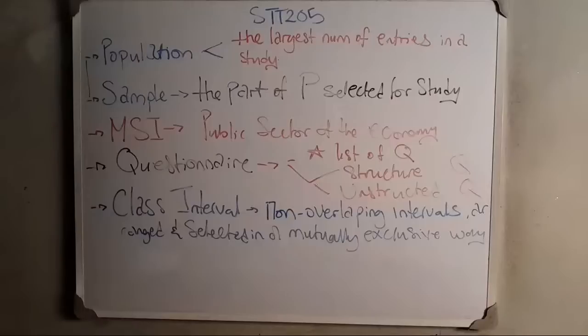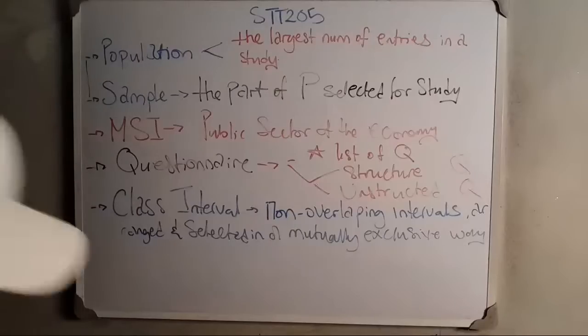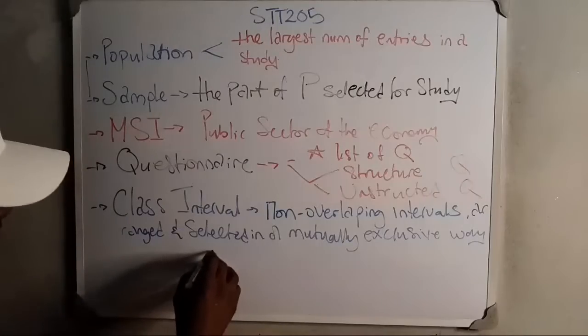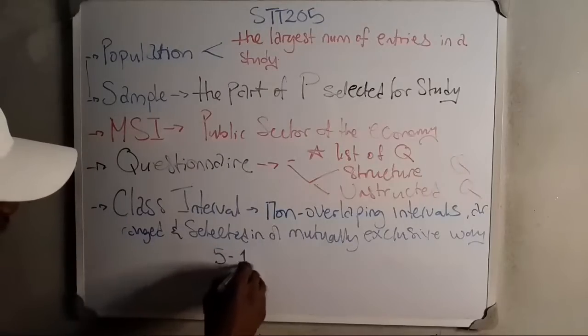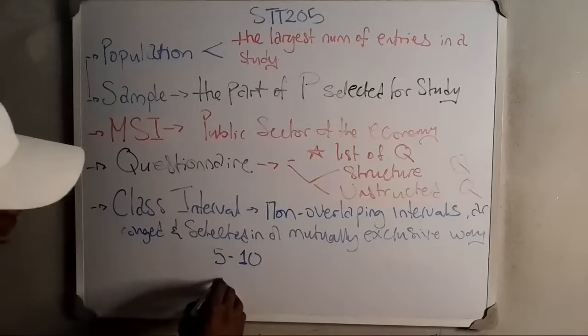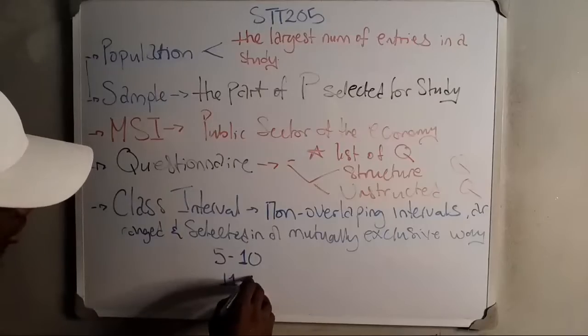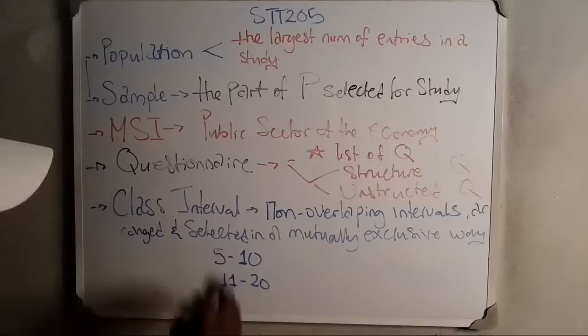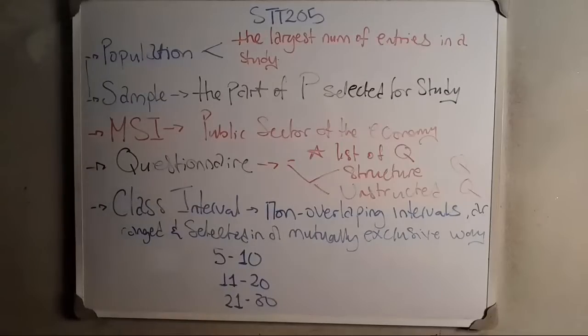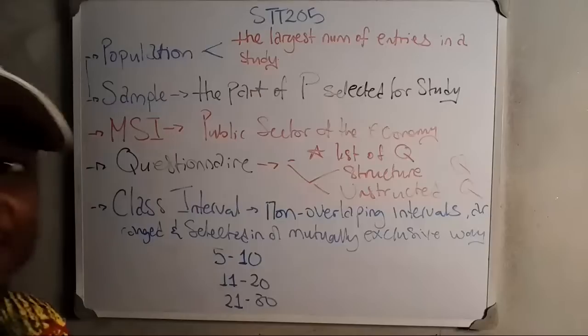Let me give you an example of this. In a class of 100 students, let's put them according to level of intervals. We can have 5 to 10, 11 to 20, 21 to 30, grouping them in intervals.